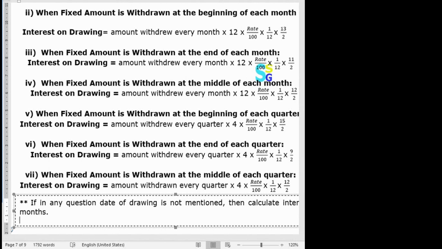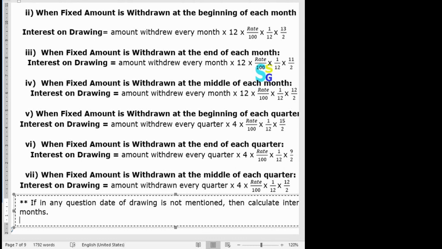Here, when we are withdrawing at the end of the month, the first amount was withdrawn on 31st January. So, how many months do you have to pay interest for the first withdrawal? Yes, you are right: 1, 2, 3, 4, 5, 6, 7, 8, 9, 10, 11 months. For the first installment, what the partner withdrew from the firm, the partner has to pay interest for 11 months.